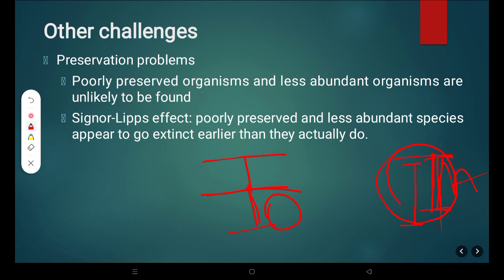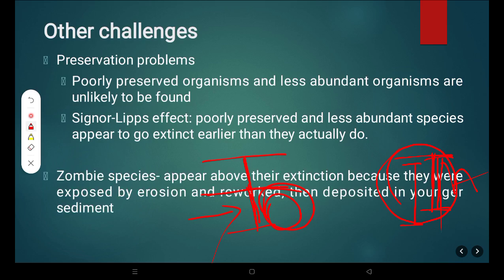So we generally consider that it has gone extinct, but that is not the scenario. The true scenario is that the fossil continues, but due to preservation phenomena, we are not getting this fossil. So this is another challenge.